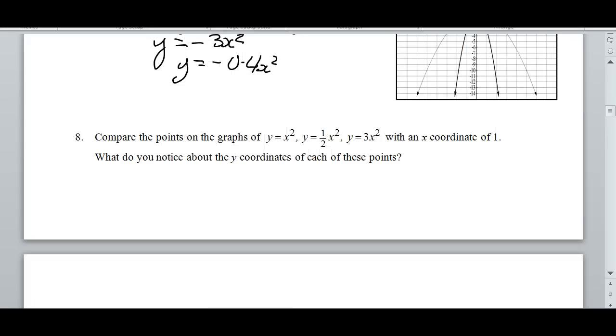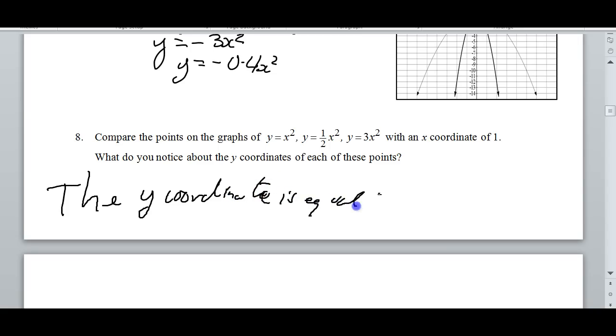So what do we notice? We notice that the y-coordinate is equal to a.